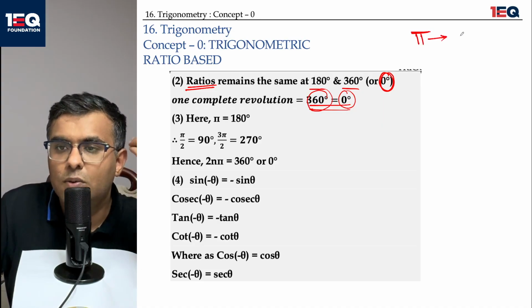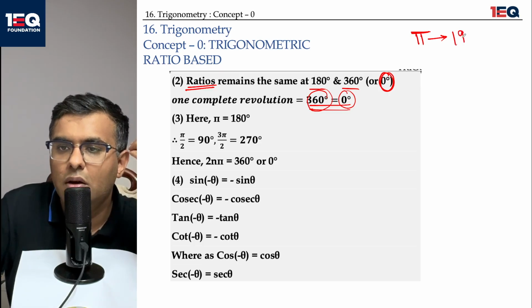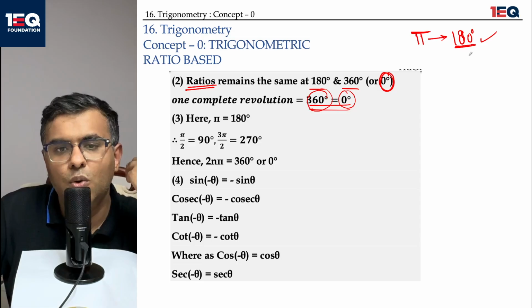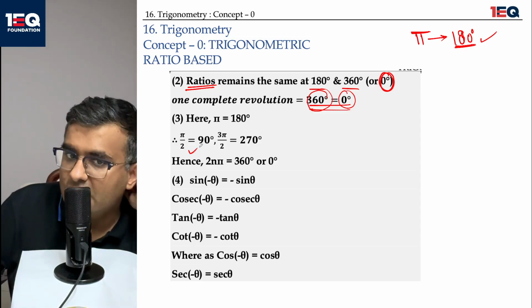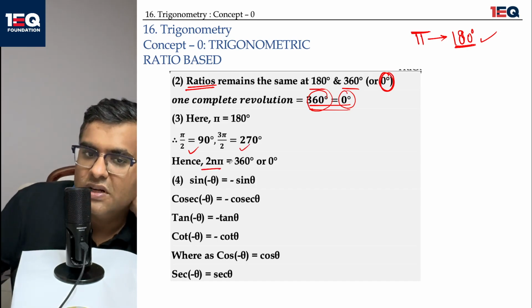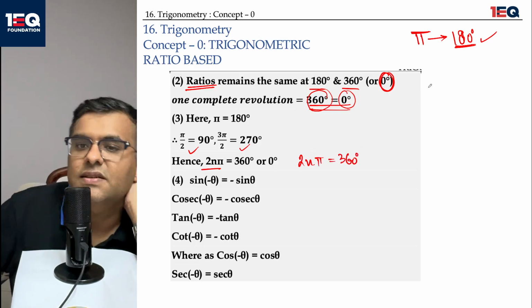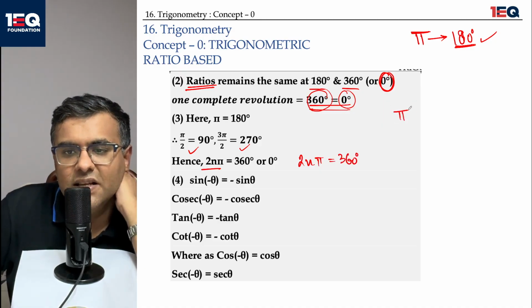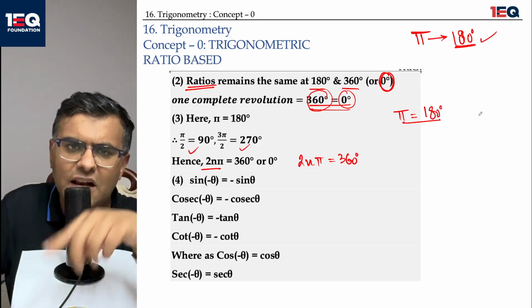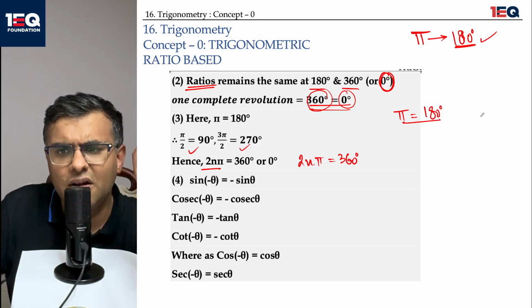Pi is equal to 180 degrees. So pi by 2 is 90, 3 pi by 2 is 270. We can also say that 2 pi is equal to 360 degrees. The most important thing that you can easily remember is that the value of pi is equal to 180 degrees when we calculate it in a graphical notation.